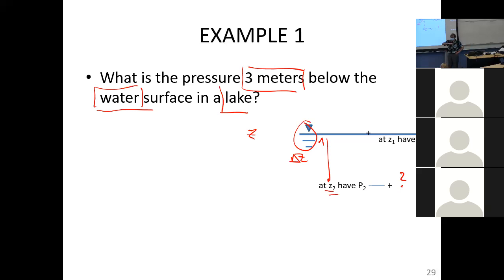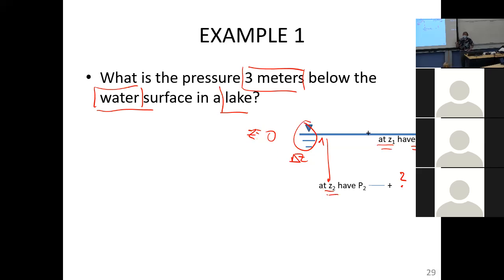Sure. Atmospheric pressure above. And so you know that you have atmospheric pressure, and again, in a gauge pressure datum, atmospheric pressure is 0. You set your elevation datum here, and that means you know Z1. You also have Z2 in terms of that datum.